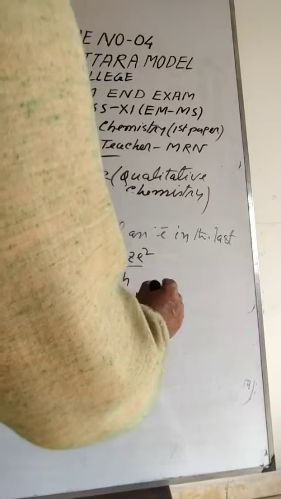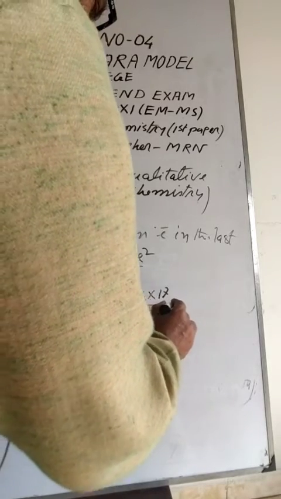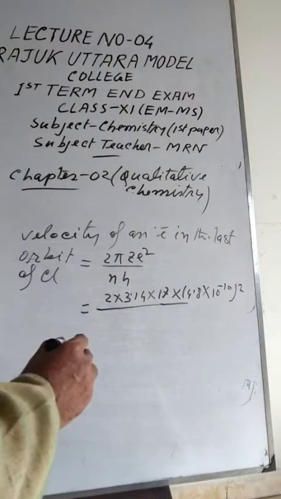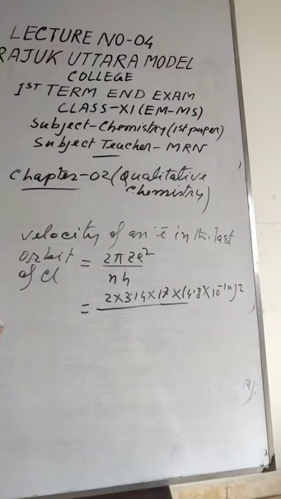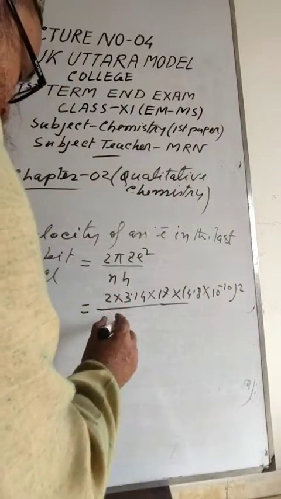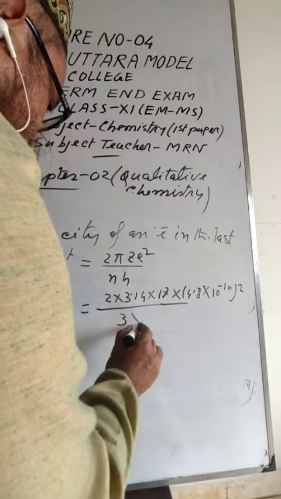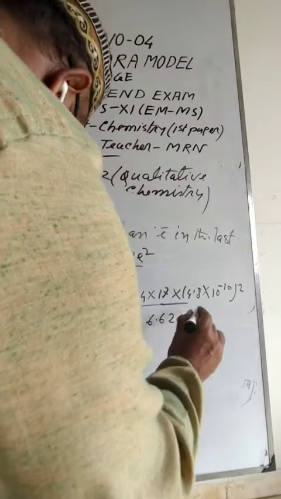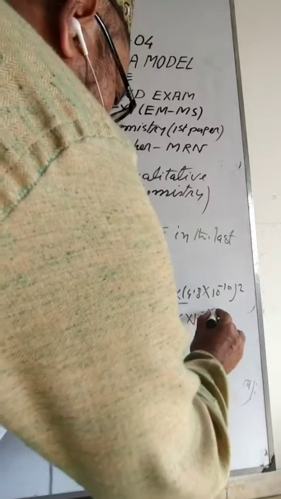Here Z, chlorine has proton number 17. The electron charge of every atom is the same, 4.8 into 10 to the power minus 10 ESU, divided by, since the last orbit of chlorine is 3, the number 3, and 6.626 into 10 to the power minus 27.